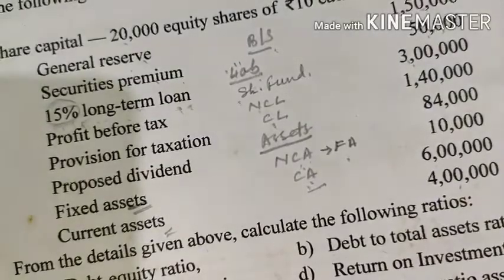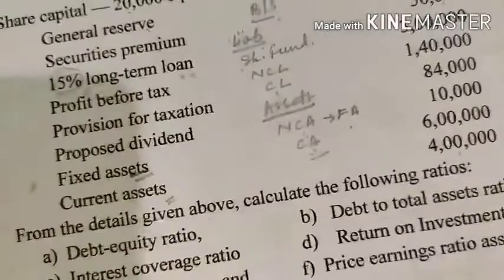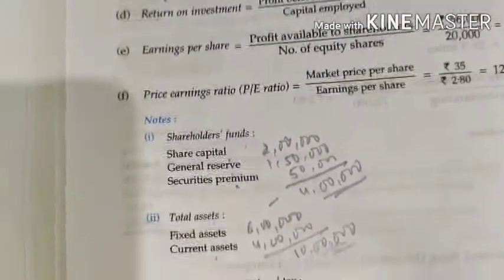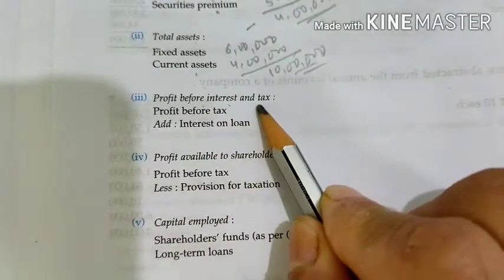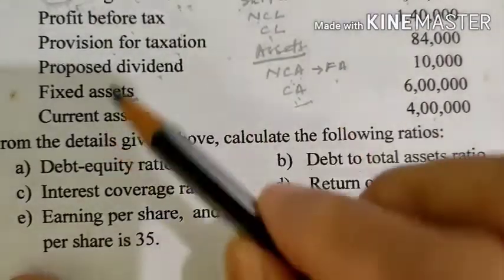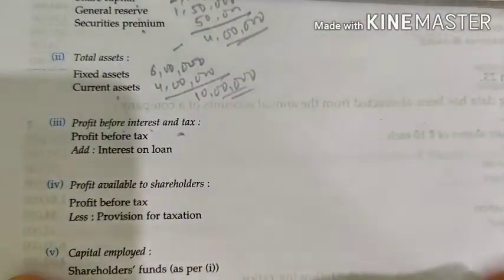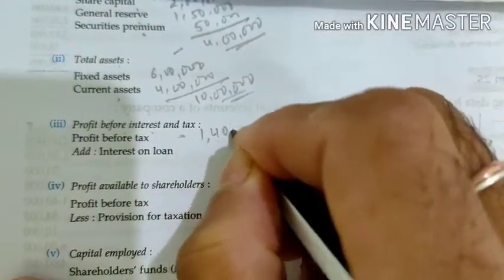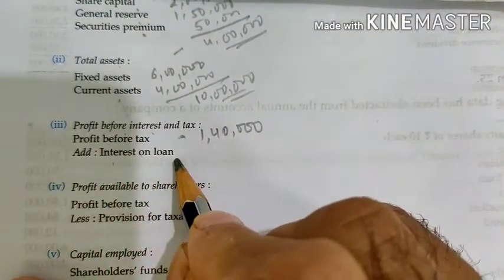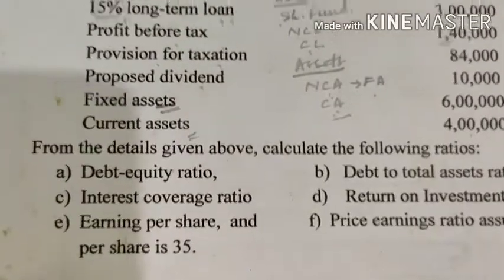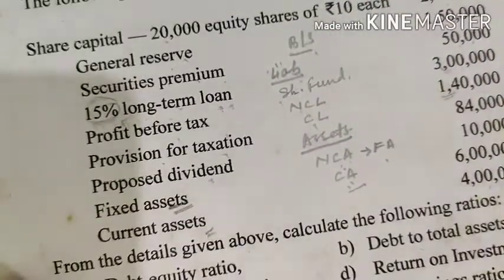And yes, you need profit before interest and tax. So now we have profit before interest and tax. So we have here profit before tax is 1,40,000. And then interest on loan is 15% of 3 lakhs.